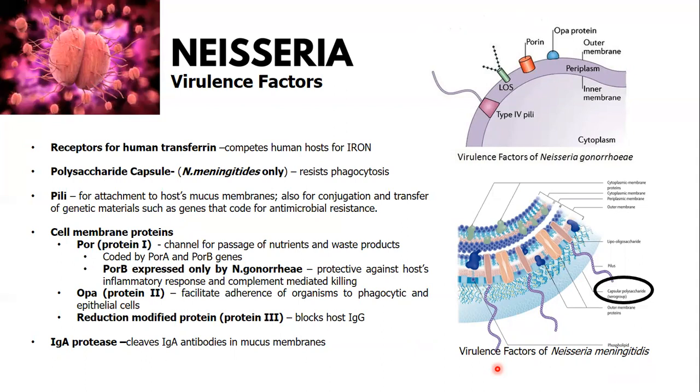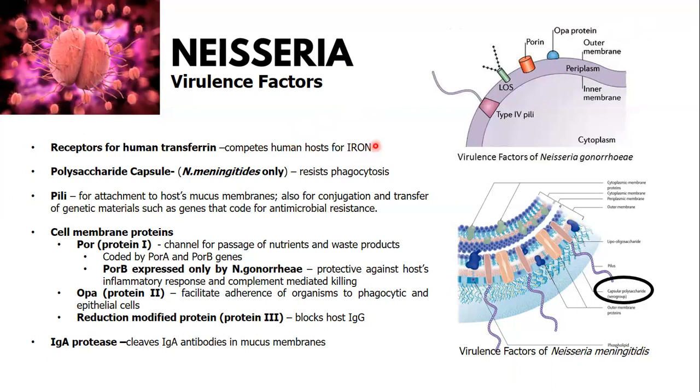As a review, virulence factors refer to components present on the surface of bacterial cells or components that are secreted by bacterial cells that contribute to their ability to cause disease and contribute to the degree of their pathogenicity. Take note that Neisseria species, particularly the pathogenic ones, as mentioned earlier, require iron for growth.